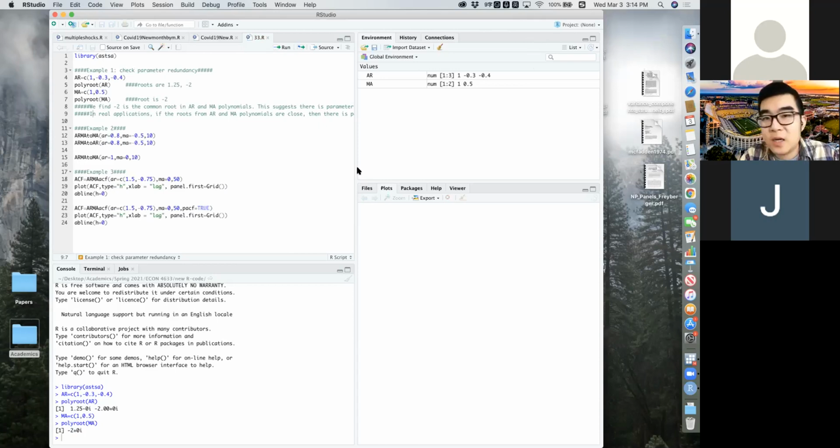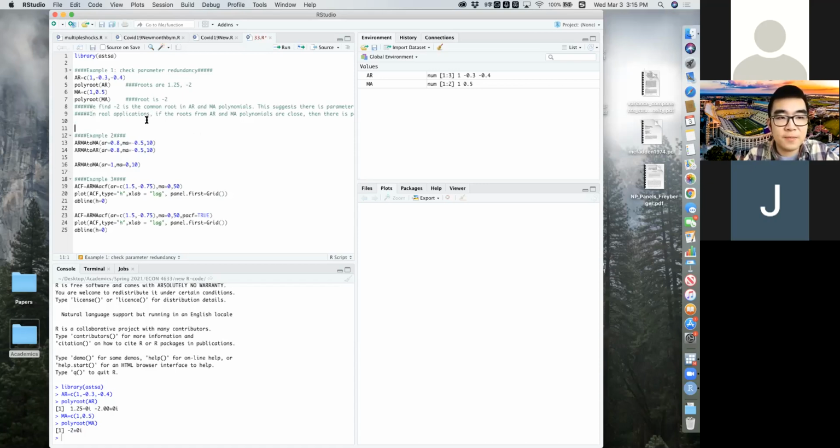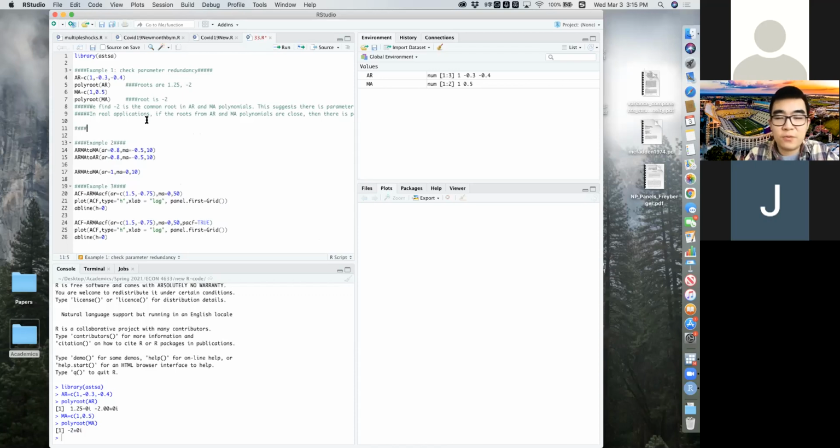I don't know if you wrote this down or not, but remember the MA part is 1 plus 0.5B times WT. I do not want to go back to the whiteboard, so let me just type here in R, in case you want to copy what I wrote on the whiteboard.